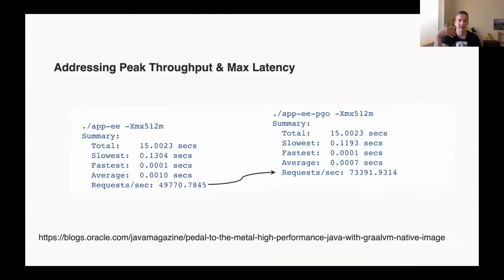But if you have short-lived processes, then the native image will be much better, because the JIT takes time to warm up. If you have a resource-constrained environment, the JIT will take even more time to actually process everything and run.